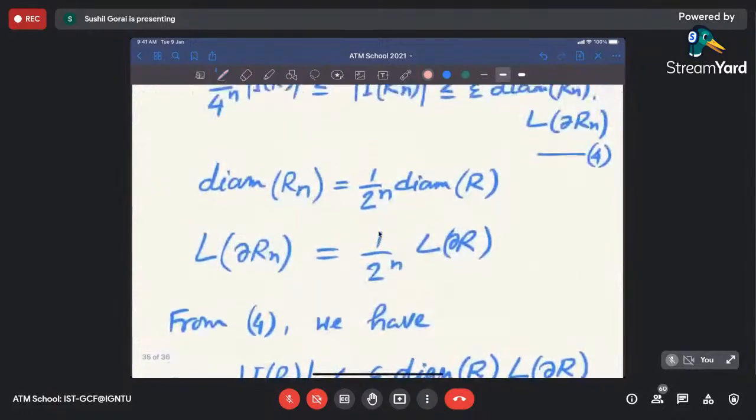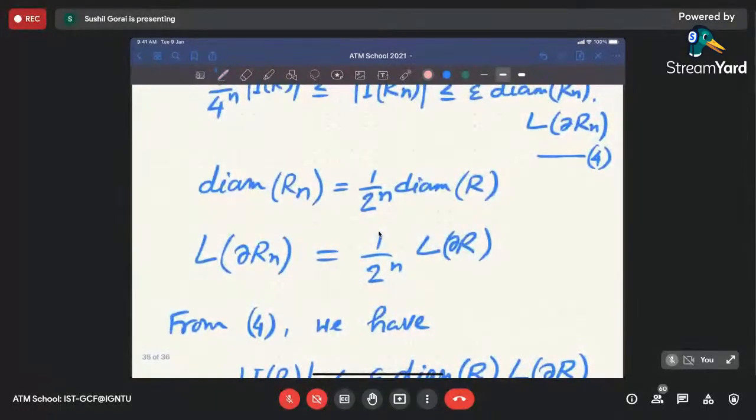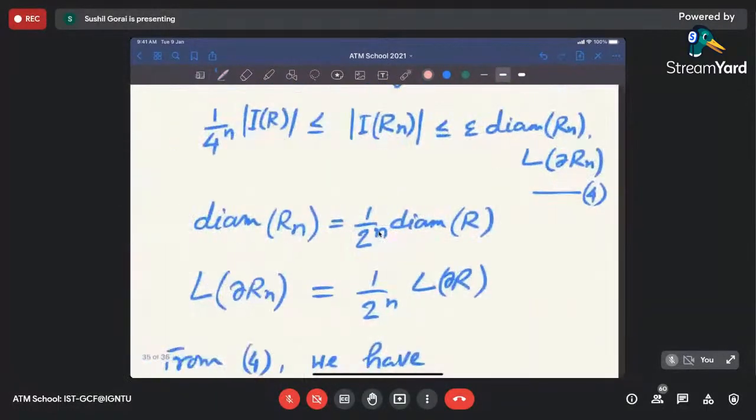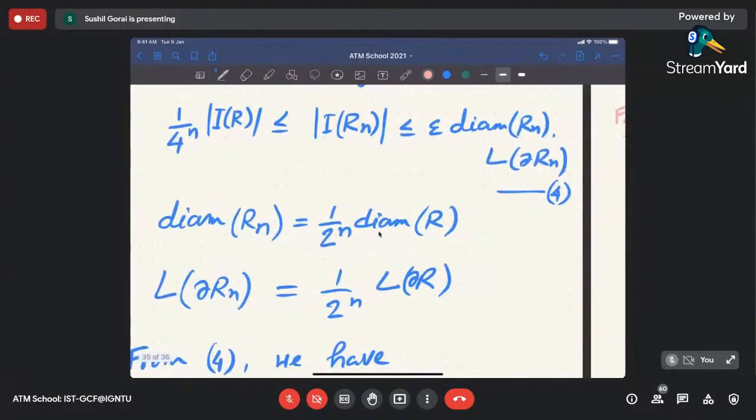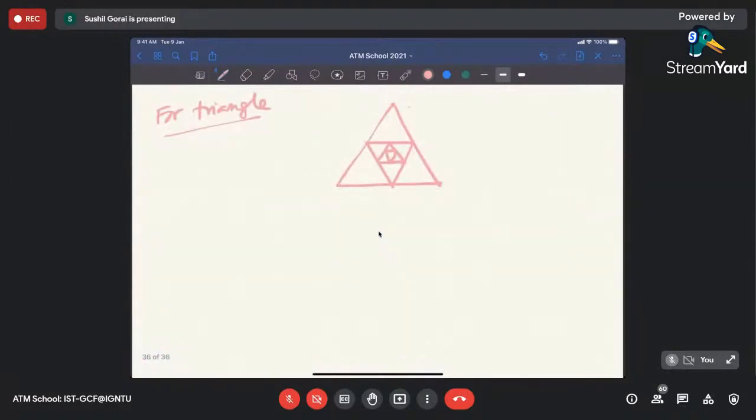So instead of this 2 to the power n, there will be some power of 3 or 4. Yeah, actually 4, 1 over 4 to the power n.